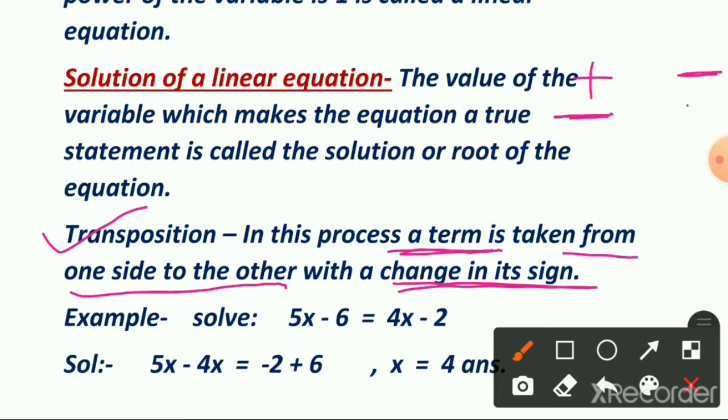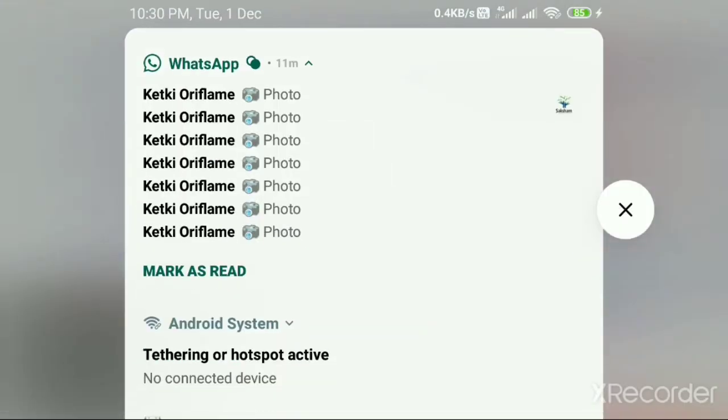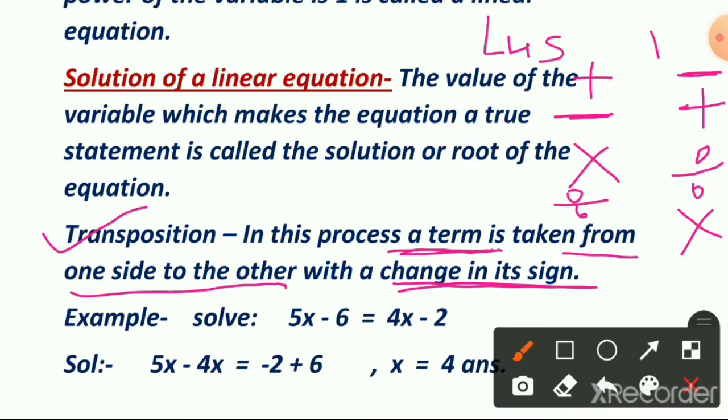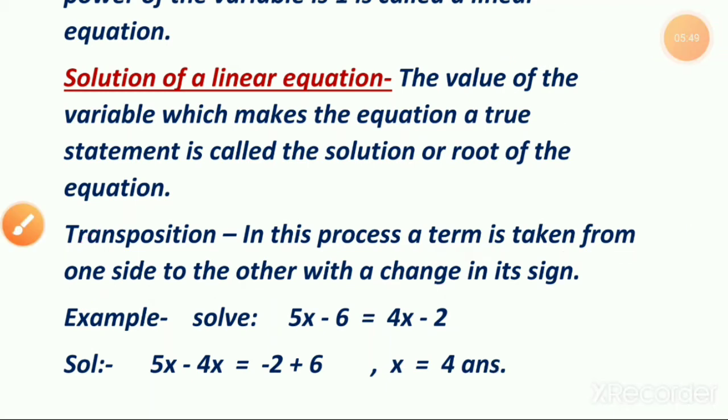If you have minus, it becomes plus. Multiply becomes divide, and divide becomes multiply. It means you will get the opposite whenever you transfer any number from LHS to RHS, or RHS to LHS, from one side to another.